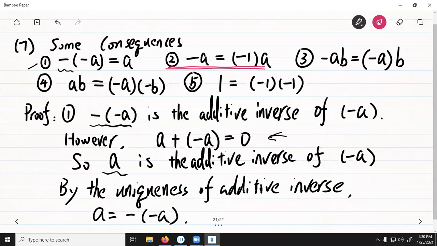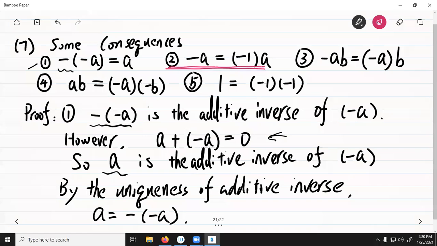Okay. So we know negative A is the additive inverse of A, right? So A plus negative A should be equal to 0. If this is true, A plus negative 1 times A should also equal 0, right?